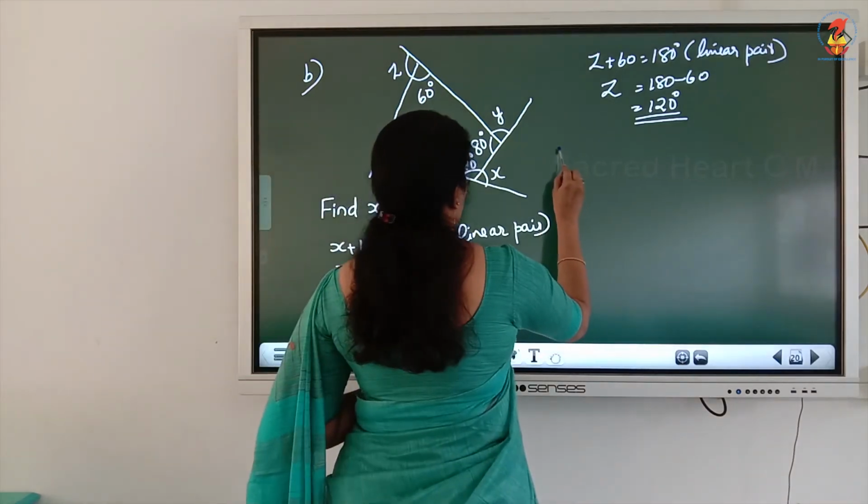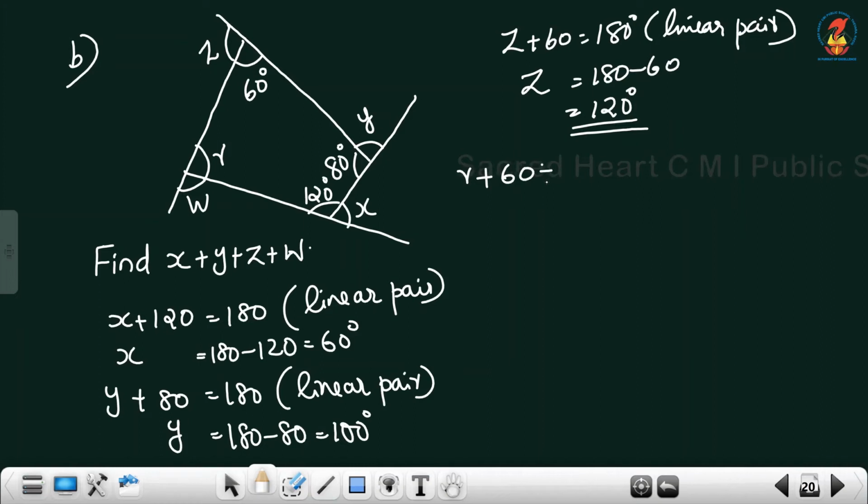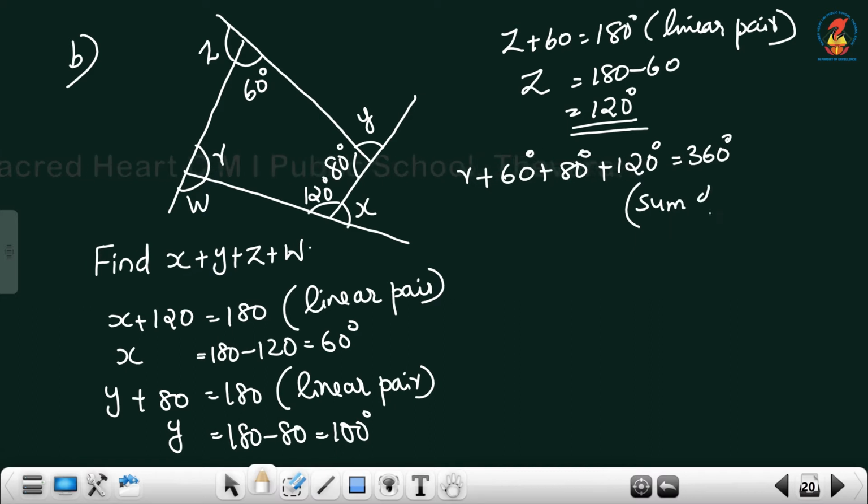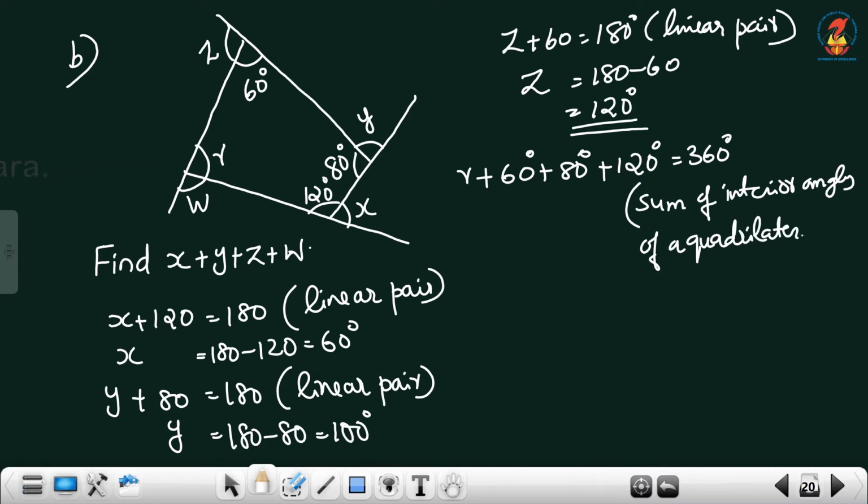That means R plus 60 degree plus 80 degree plus 120 degree equal to 360 degree. Reason, sum of interior angles of a quadrilateral equal to 360 degree.